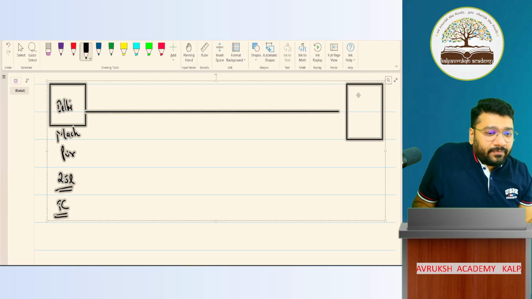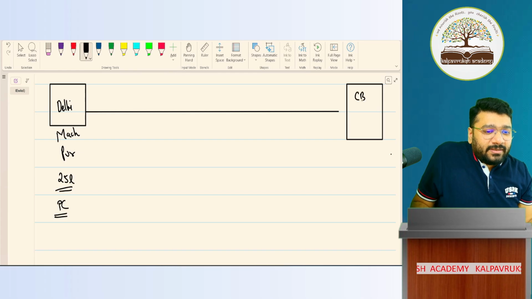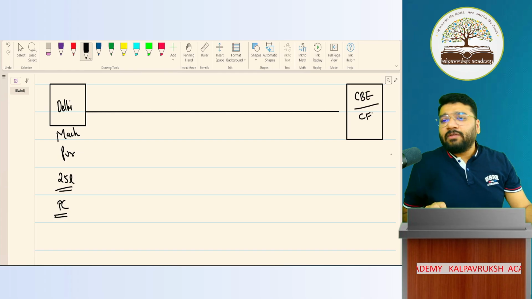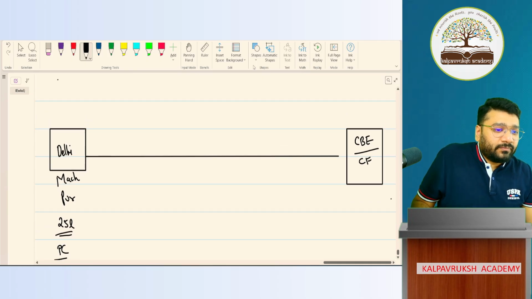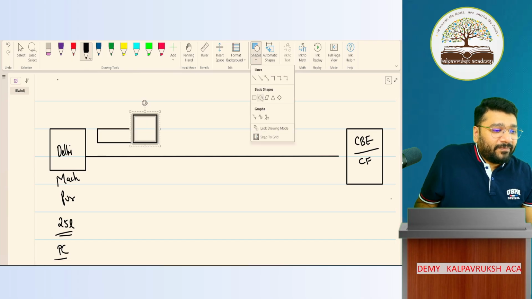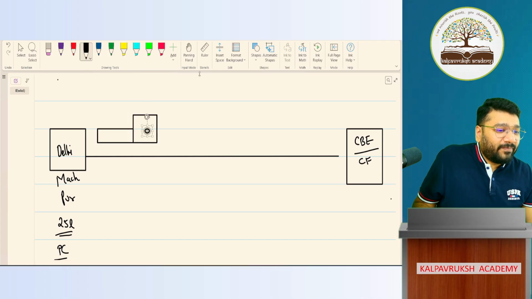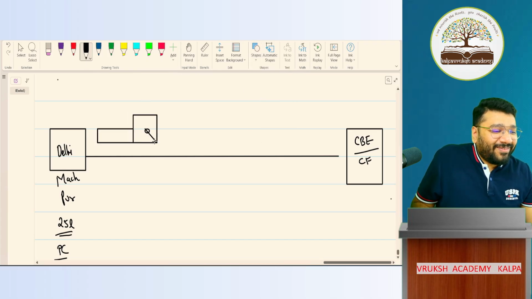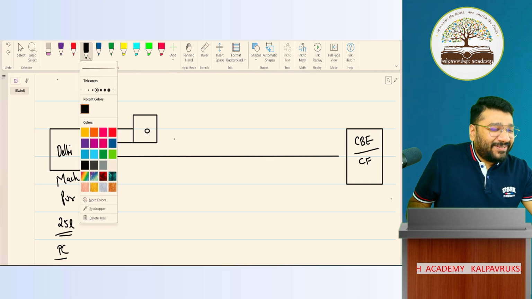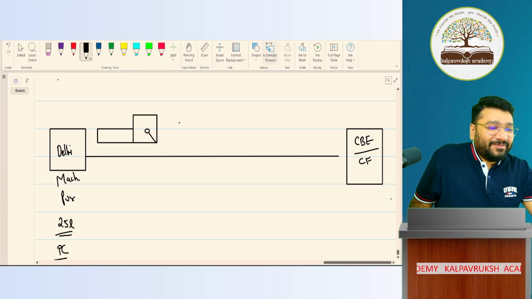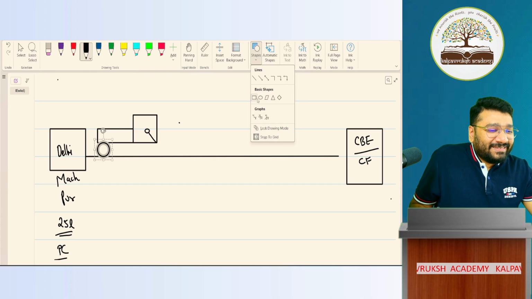This is very good. CBE chocolate factory. Now, look at the speed also. Oh my God. क्या ऑटोमेटिक है? सब मैं कर रहा हूँ.